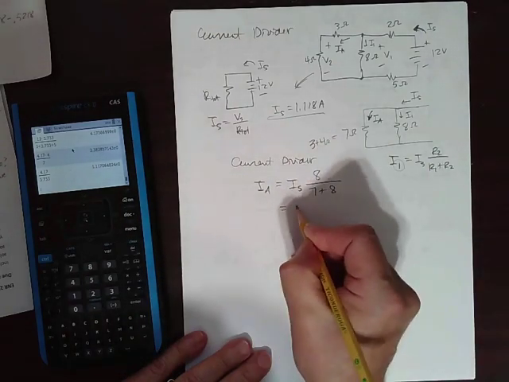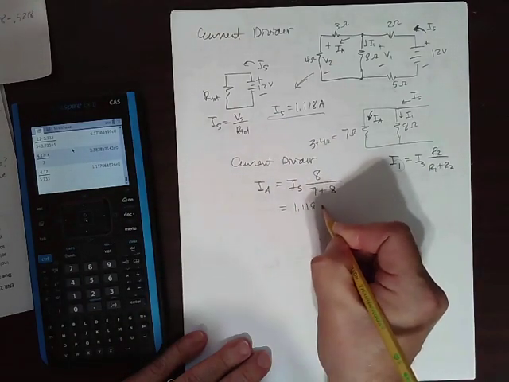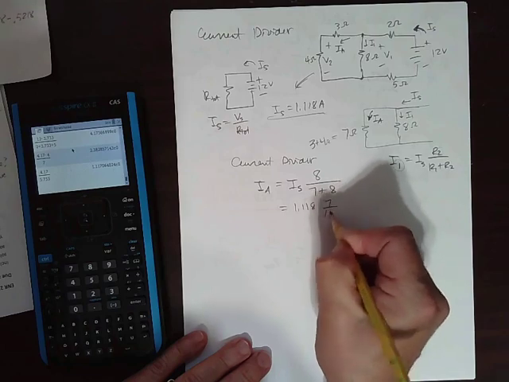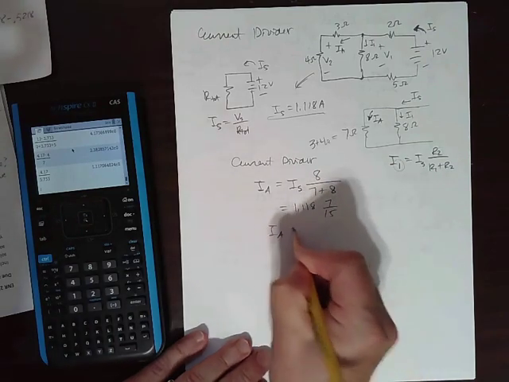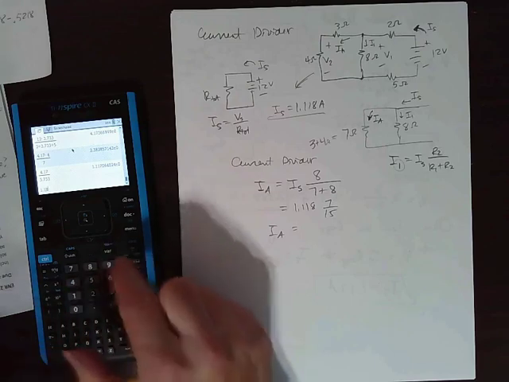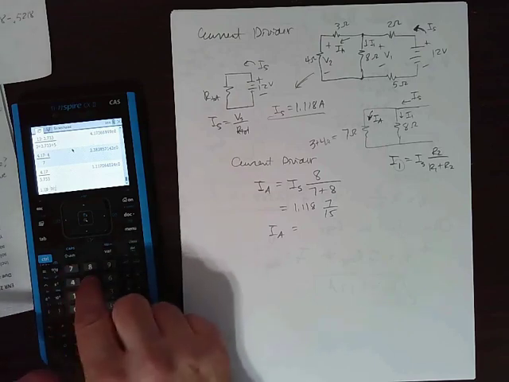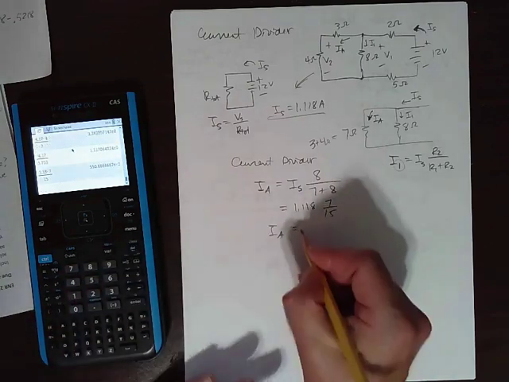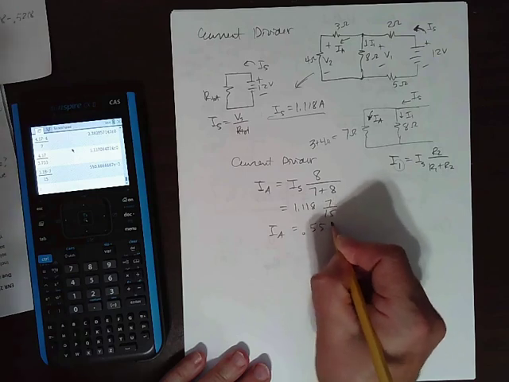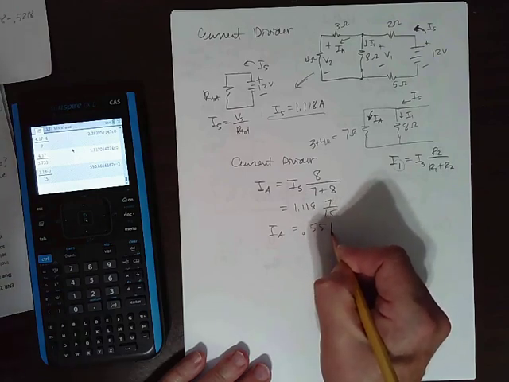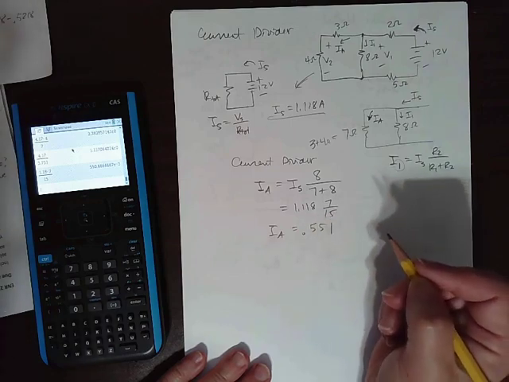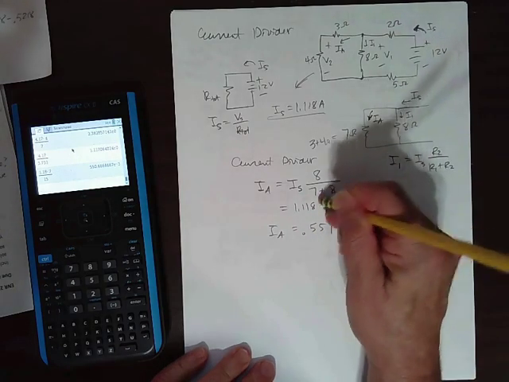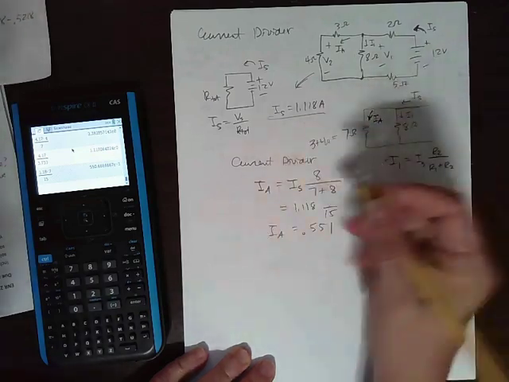Okay, so we can do 1.118 times 7 over 15, right? So IA is 1.118 times 7 divided by 15, 0.551. Oops, how did I get a 7 up there when it was an 8?